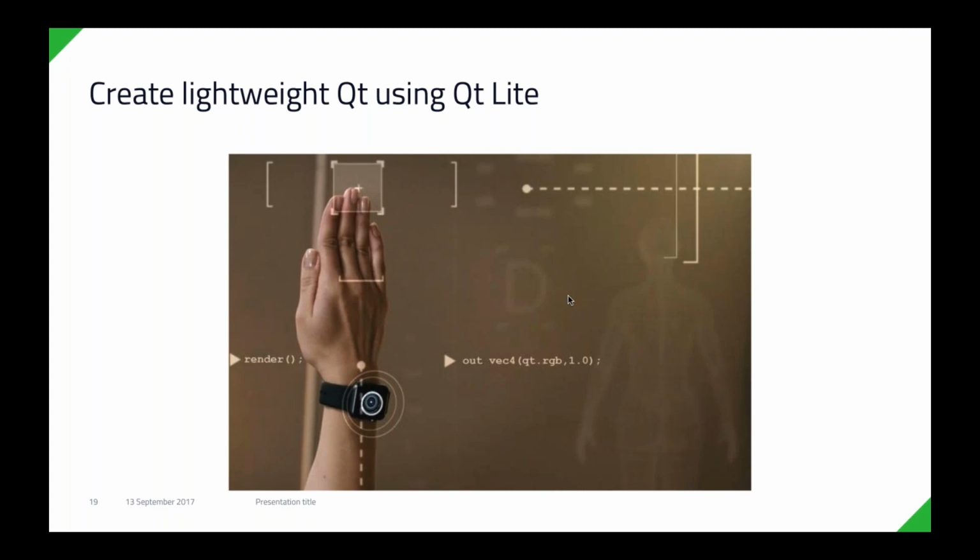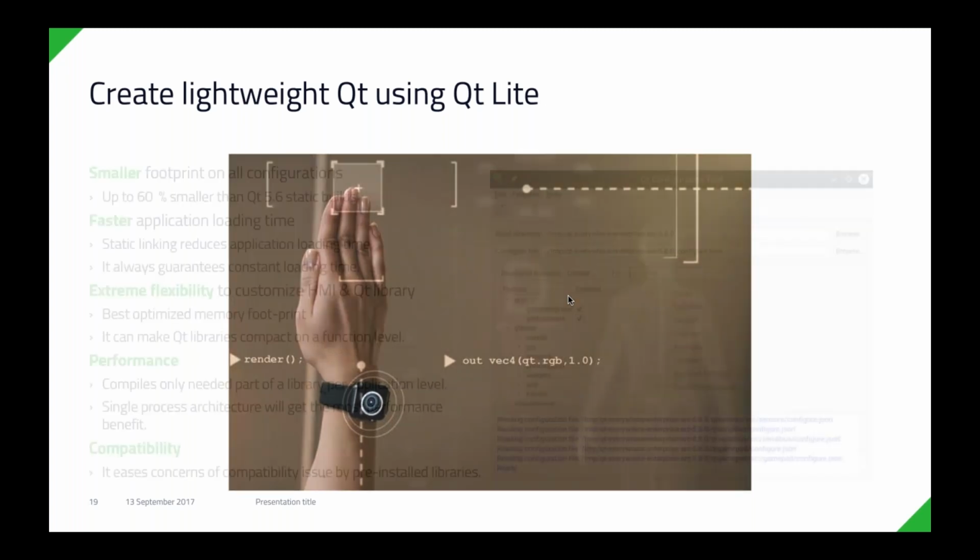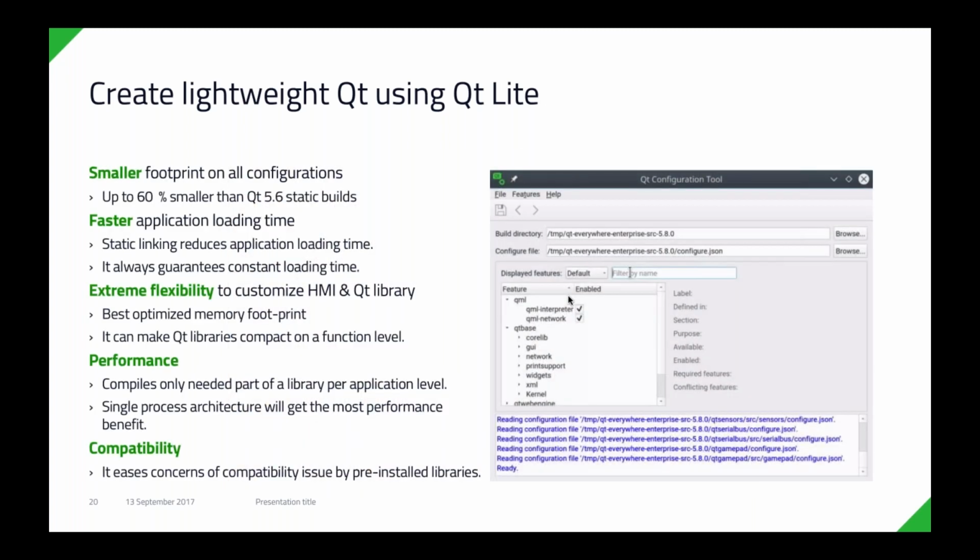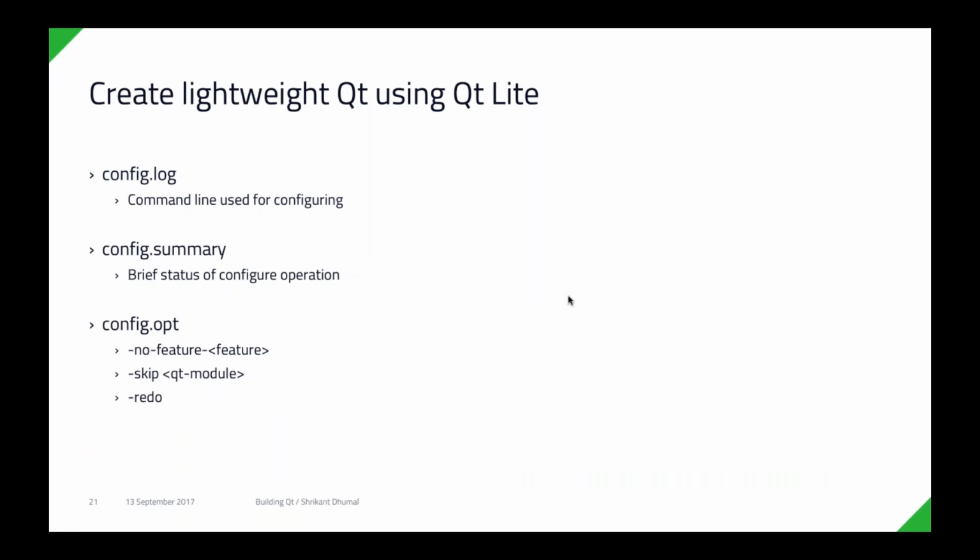So the first part existed in the past in one form or another, like you could skip an entire module by saying -skip. You could remove a feature by saying -no-feature-, followed by the name of the feature.